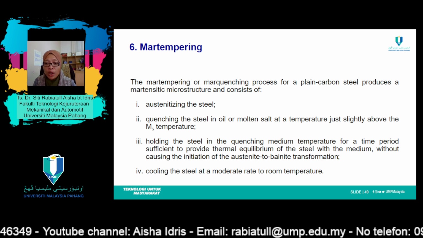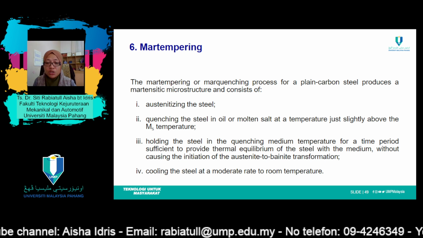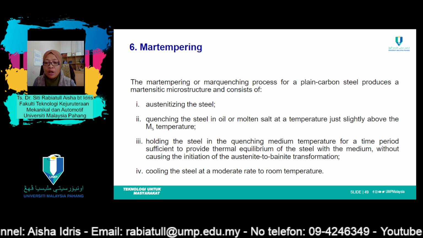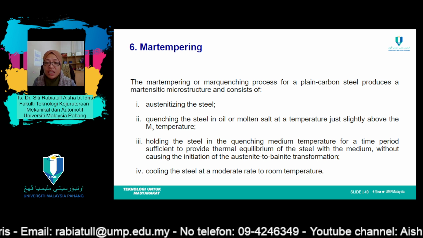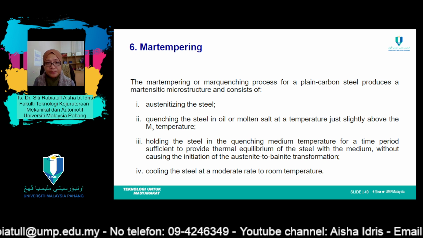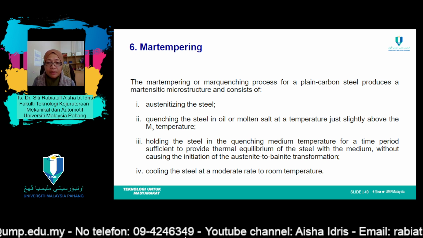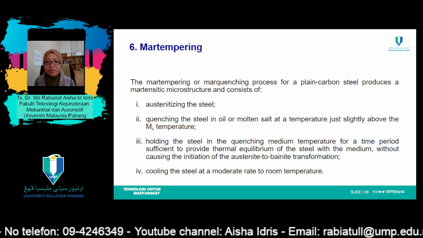Number 3, holding the steel in the quenching medium temperature for a time period sufficient to provide thermal equilibrium of the steel with the medium without causing the initiation of the austenite to bainite transformation. And number 4, cooling the steel at a moderate rate to room temperature.